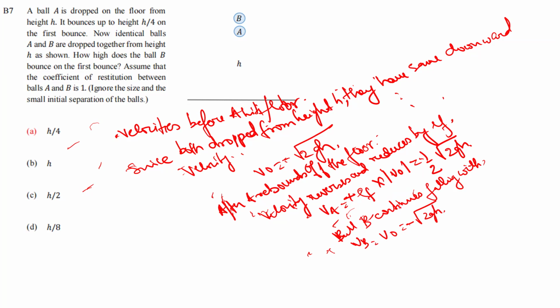So the collision between A and B. Since the coefficient of restitution between ball A and ball B is 1, the collision is perfectly elastic, and the velocities after collision are given by the standard one-dimensional collision formula for identical masses.